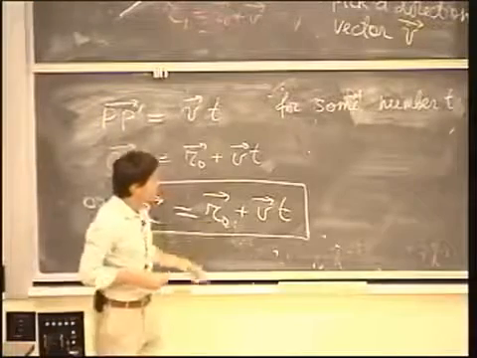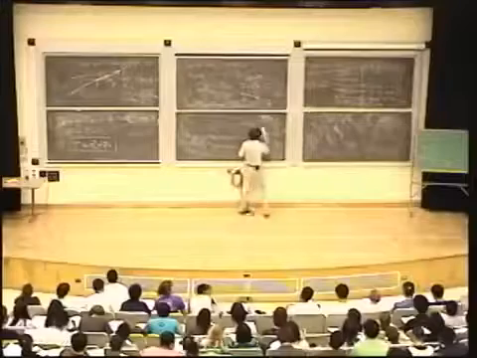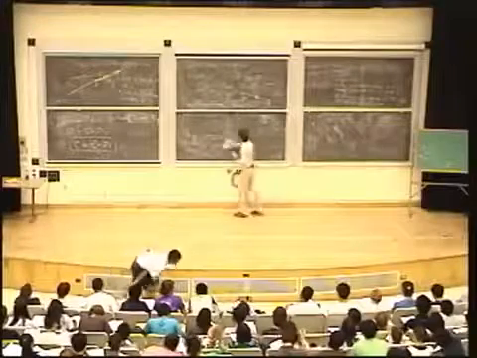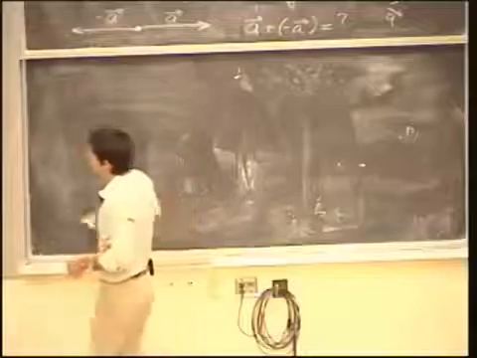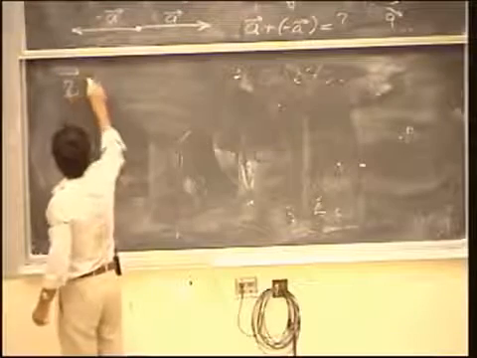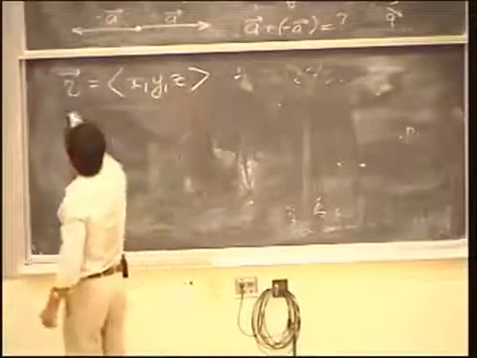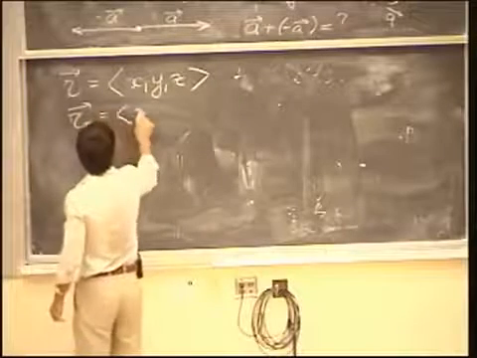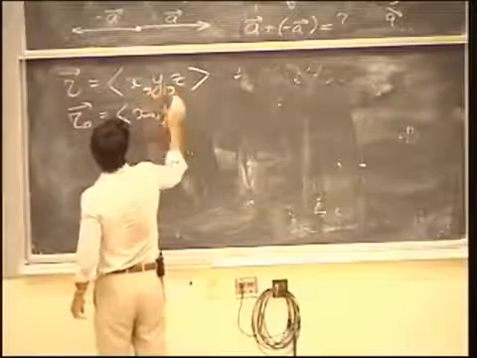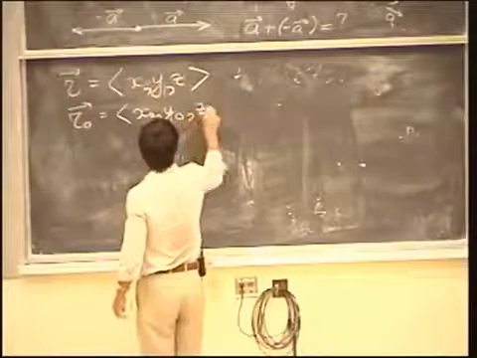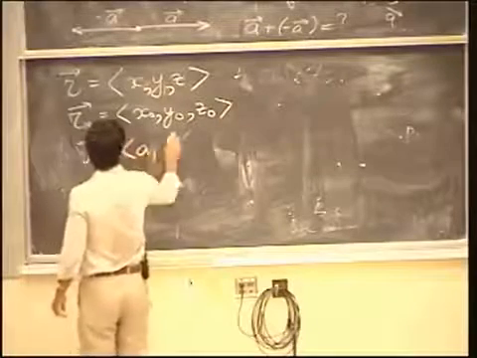Now, let's write this formula in components. So we'll say r is (x, y, z), and r0 is (x0, y0, z0), and v is (a, b, c).